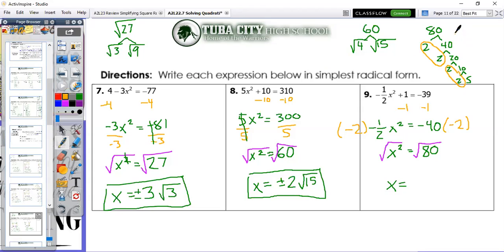So remember, this is basically root 4 times root 4 times root 5. Take the square root of 4, you get 2. Square root of 4 here is also 2. 2 times 2 is 4 root 5. And again, 5, we can't take it out because it's not a number that we can really work with all that much.